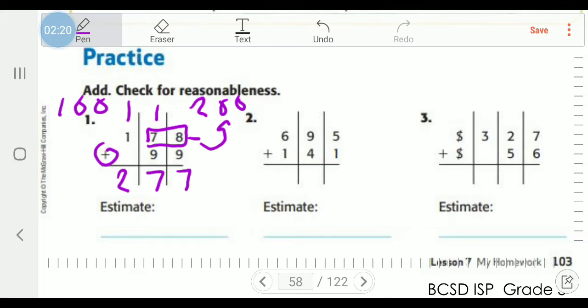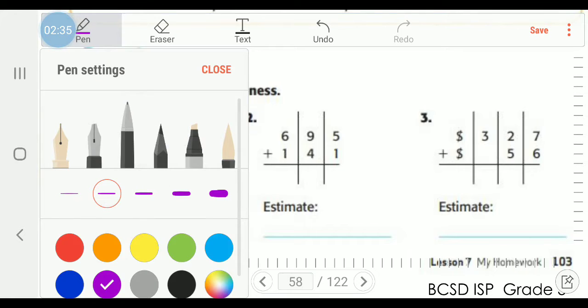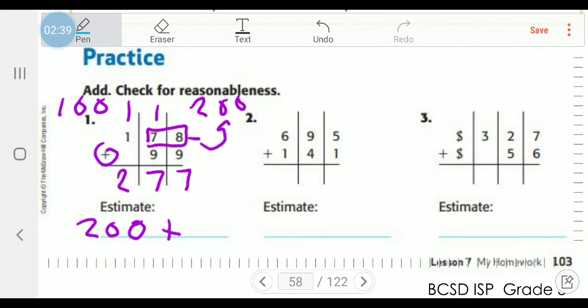So for my reasonableness check, I'm going to say that 200, because 178 rounds to 200, plus, now I'm going to round my 99. 99 is between 0 and 100 if I'm rounding to the nearest 100, which is what I did up here.